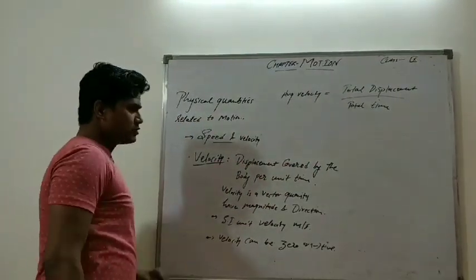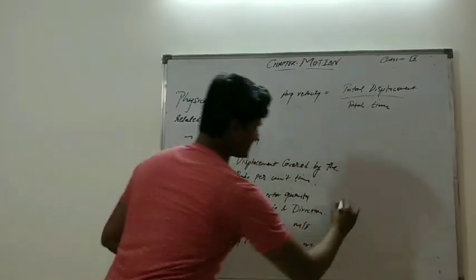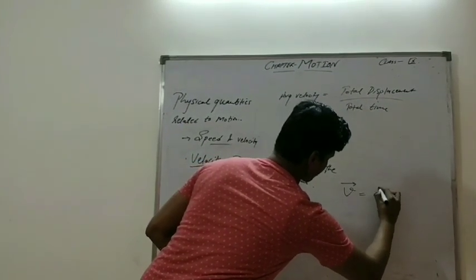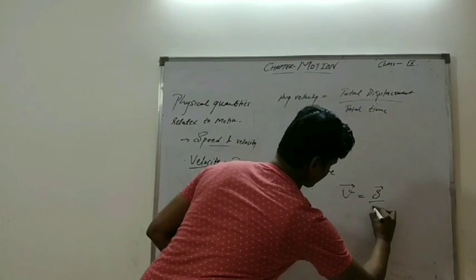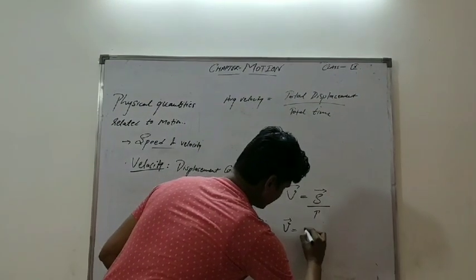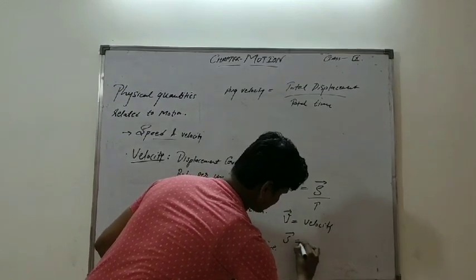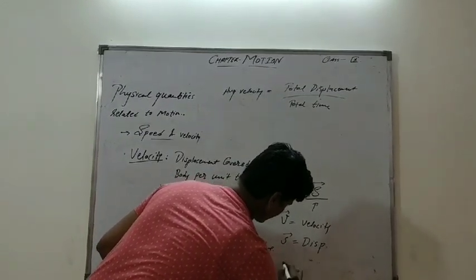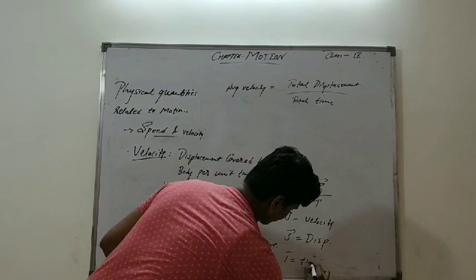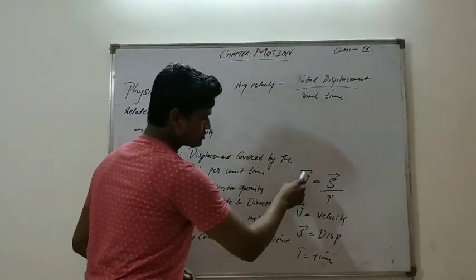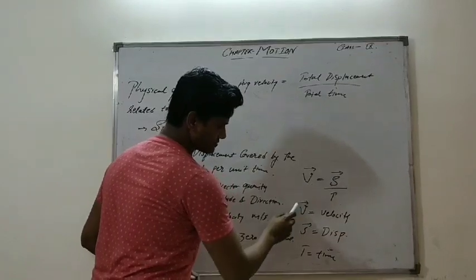If we go through the definition, we can express velocity as v equals s upon t. Here v is velocity, s is displacement, t is time. To show the direction, we have used an arrow on these indications.